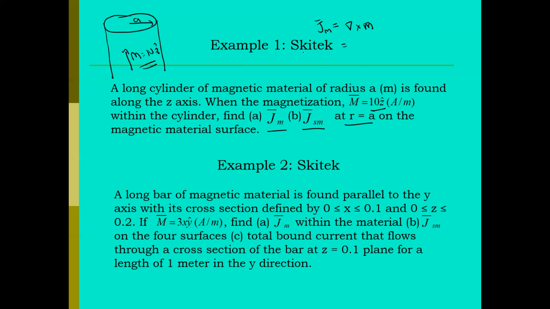For this, we need to relate to the cylindrical system because we are dealing with the cylindrical system, so we need to check the curl equations for the cylindrical system. From here, we know that the M is in the z direction.